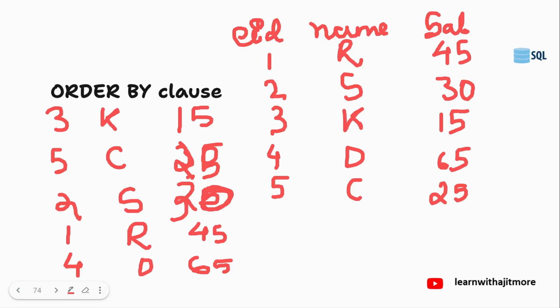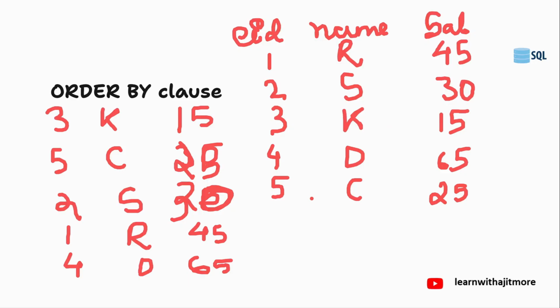Means what I want to say, only salaries don't get sorted. Along with that, their other column values also get reorganized, reshuffled. If 65 is coming down, the other values also come along with it. Otherwise, just imagine if the salary column is sorted and the name and employee ID remain there only, it will be a blunder.